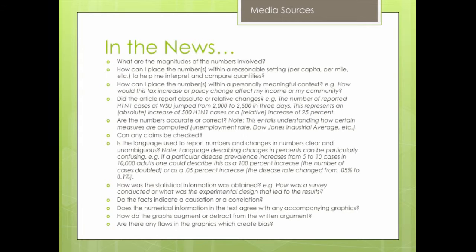Things as basic as what kinds of numbers are involved, what are the magnitudes? Are they reporting rate of change or absolute change? That's a really common thing. Proportional reasoning is one of the most valuable skills someone can have, and is also often very neglected. And then, can claims be checked?